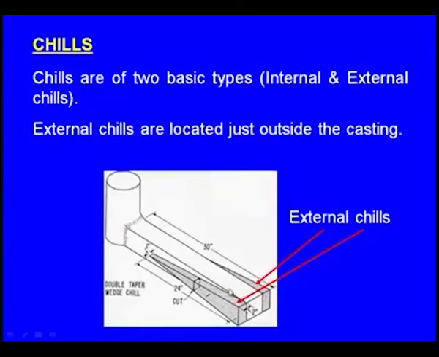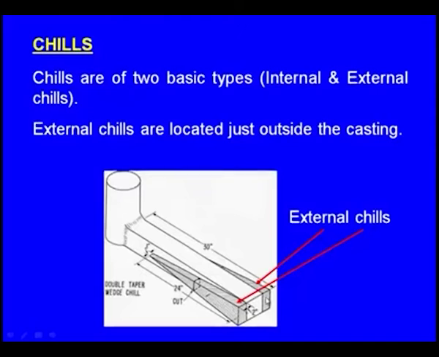This is the section which is away from the riser, so we want this section to solidify first. For that purpose, we are keeping one chill here and one chill here. Chills generally are steel blocks. When we place the steel blocks, they absorb heat rapidly, and because of that the solidification commences here and propagates towards the riser.